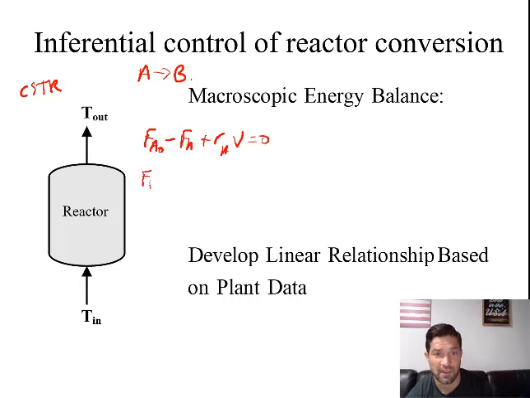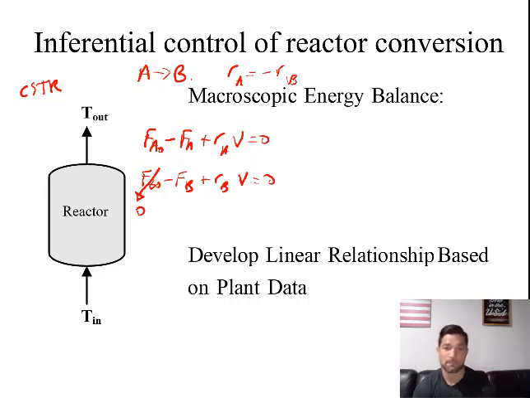We also know that FB0 minus FB plus RBV equals 0. There's no B coming in, so this term is 0. And from the reaction, RA equals negative RB. Okay? So we have this as our material balances.